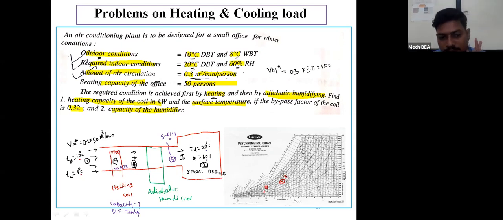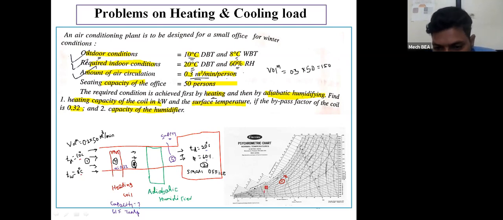Now to achieve this condition, first of all I am supplying this air over the heating coil, which has a bypass factor of 0.32. With this heating coil only sensible heating is possible.